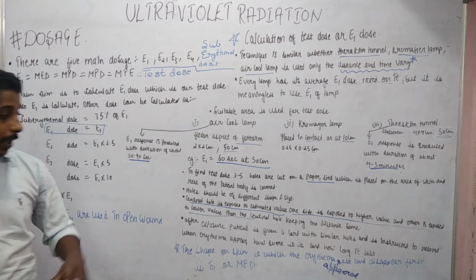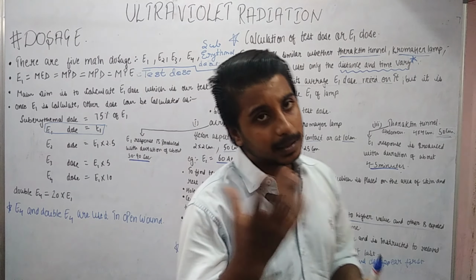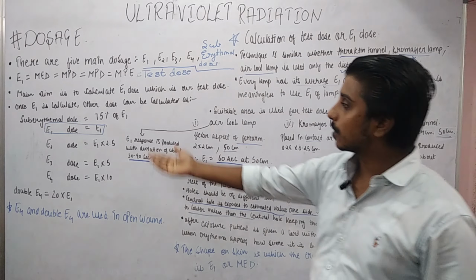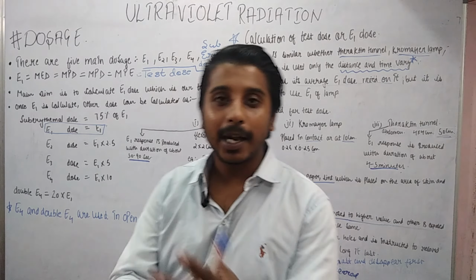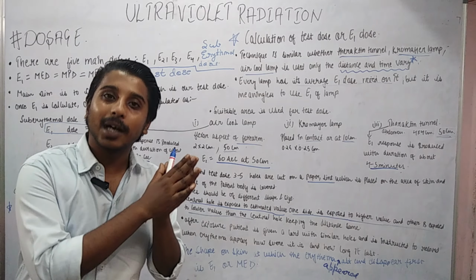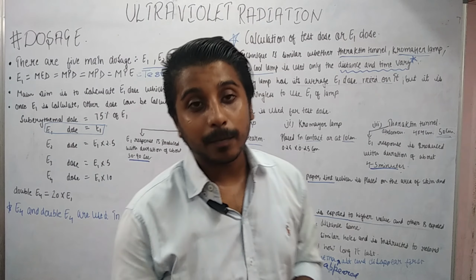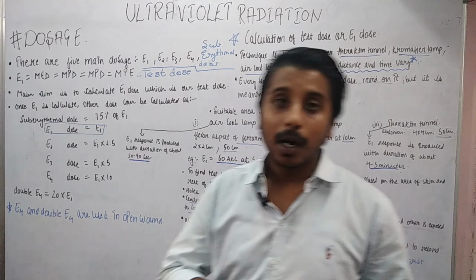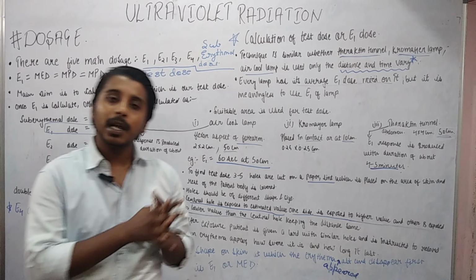This is the main thing, how we calculate the test dose. You can calculate any dose you want and apply it on the individual for therapeutic effects. Why? Because if we calculate the accurate dose, we will achieve a good therapeutic effect and the condition will be corrected.